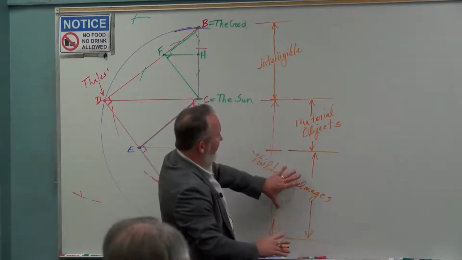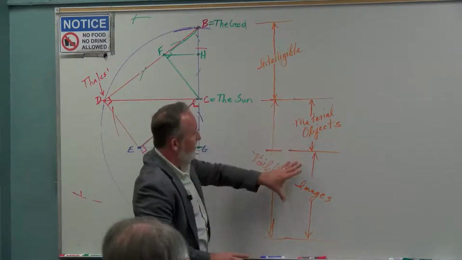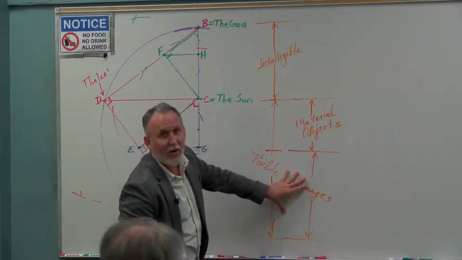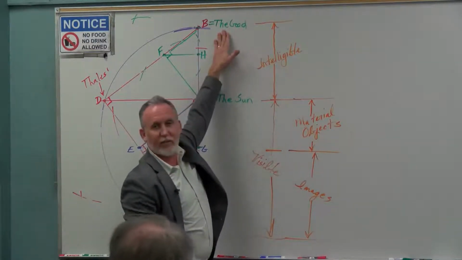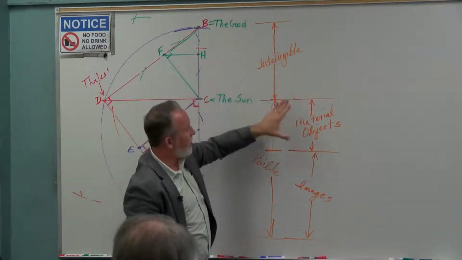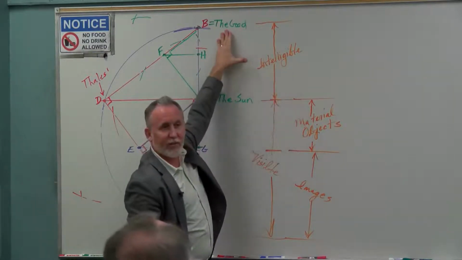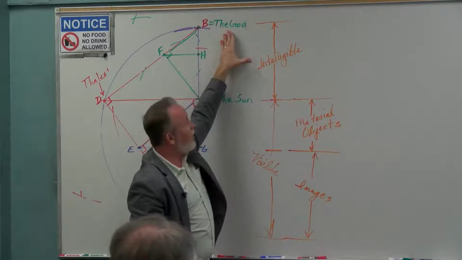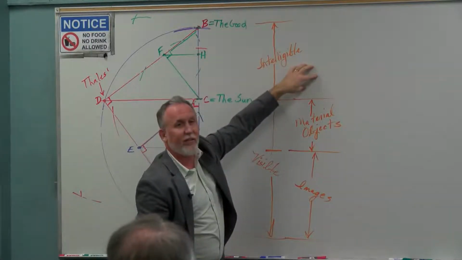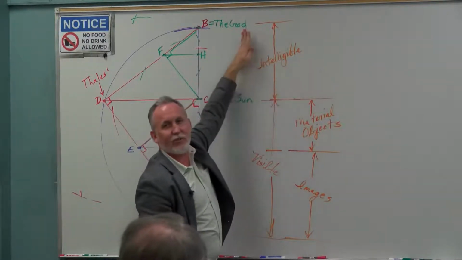And something now to start noticing is that the images are furthest away from the good. Material objects are closer to the good. But then we're going to have all this region that is yet again closer to the good.